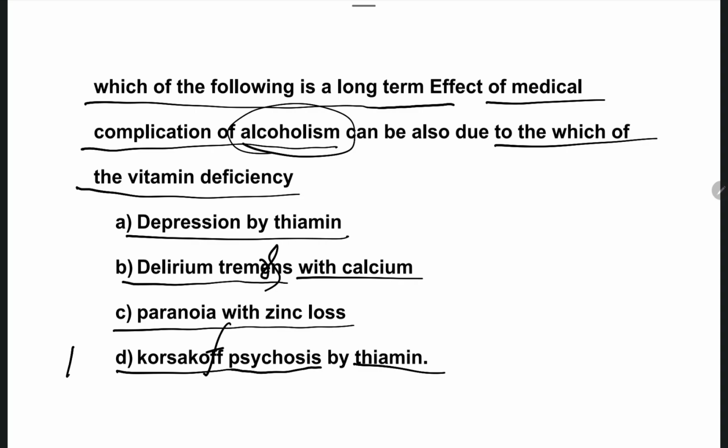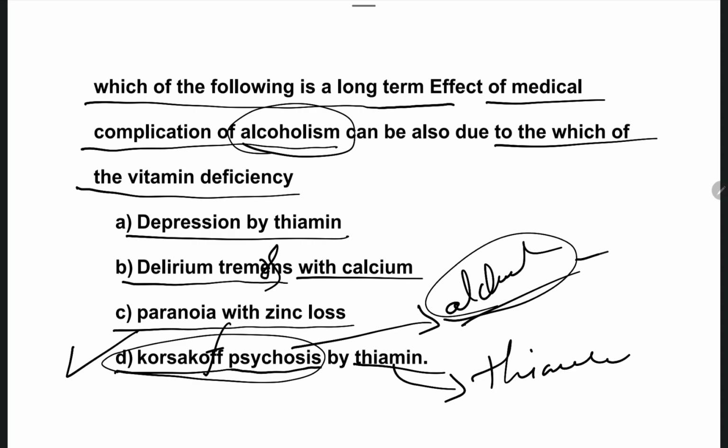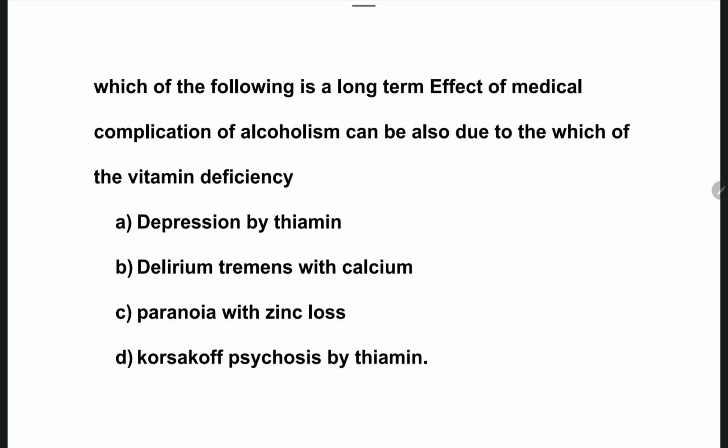The right one is option D, Korsakoff psychosis. Korsakoff psychosis is due to alcohol and the deficiency of thiamine. Due to excessive intake of alcohol, there is a deficiency of thiamine. If you replace the thiamine, the Korsakoff psychosis will disappear.